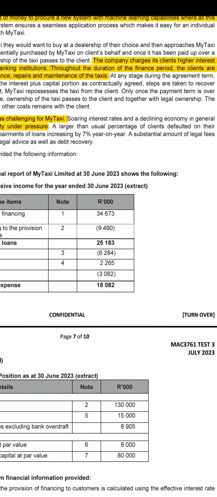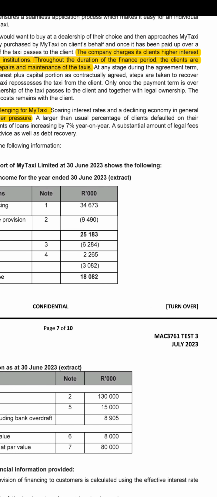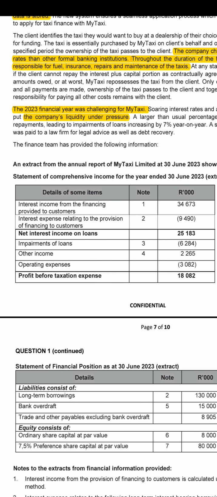It says that a larger than usual percentage of clients defaulted on their repayments, right? What were we saying in the previous paragraph? Remember, we were discussing this there. We said that already these guys are not credit worthy per se, right?